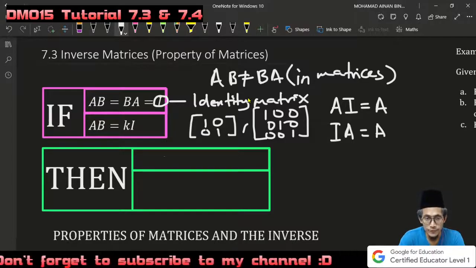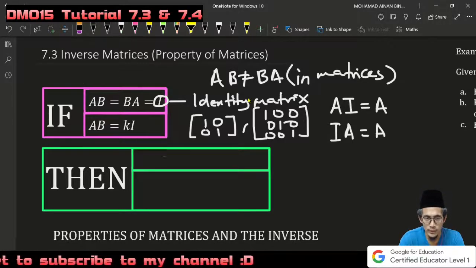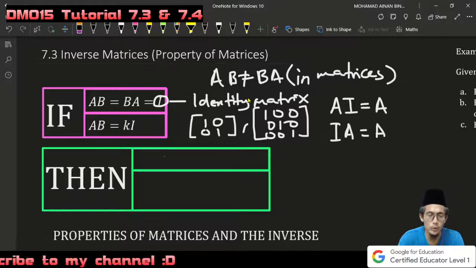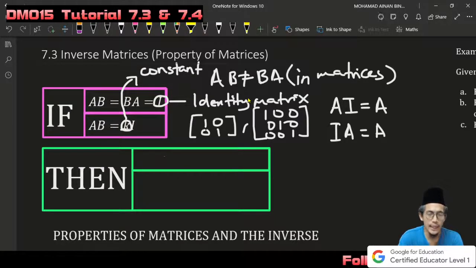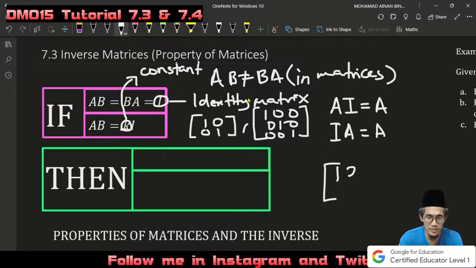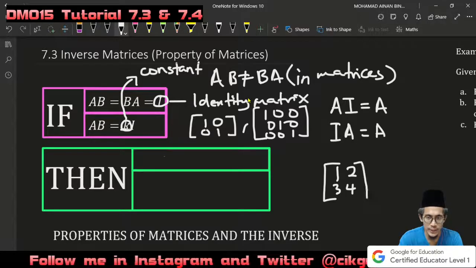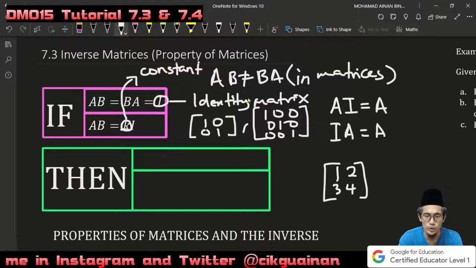If these two are true, lupa pula ni. K ni adalah apa? This K stands for constant. Constant adalah nombor di depan matrix. For example, if we have a matrix of 1, 2, 3, 4 over here, saya buat 2 by 2 lah, kecil, senang sikit nak tunjuk contoh.